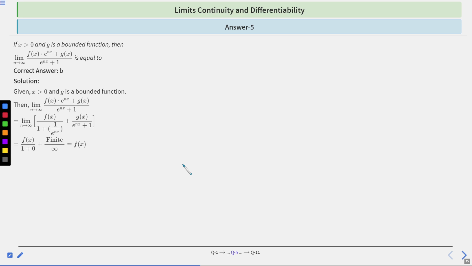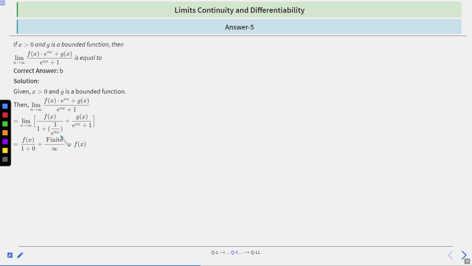Now see, if we take e to the power nx common from the numerator and the denominator and cancel it out, we will get limit n tending to infinity fx upon 1 plus, see, e to the power nx is common, so it is 1 plus 1 by e to the power nx. Clear? Plus gx upon e to the power nx plus 1.